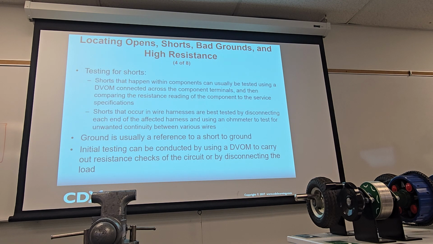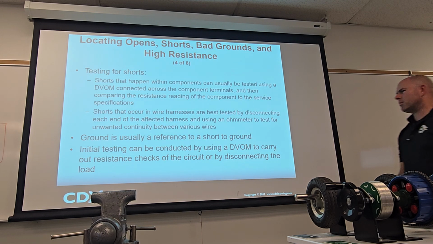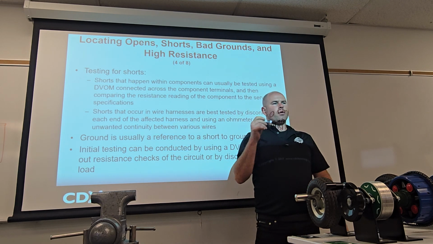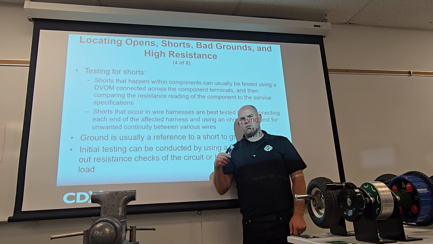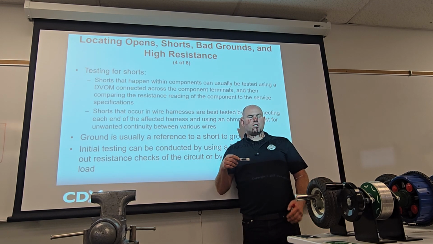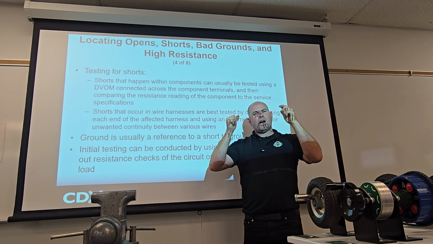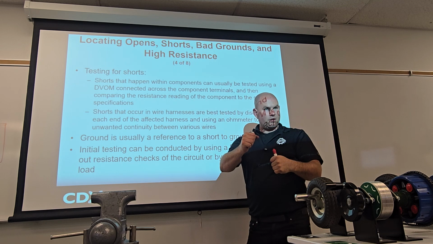Okay, shorts are fun. When we say ground, we're probably talking about a short to ground. Let's just say it was a short that was blowing the fuse. Do you remember the test I told you could do? If it's a short that's blowing the fuse, take the fuse out and put a high resistance headlight bulb in.